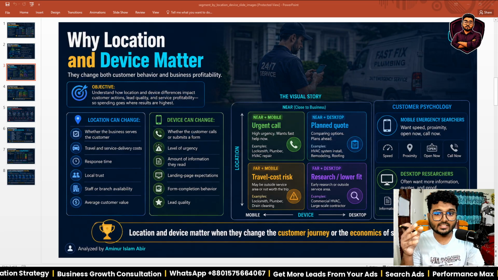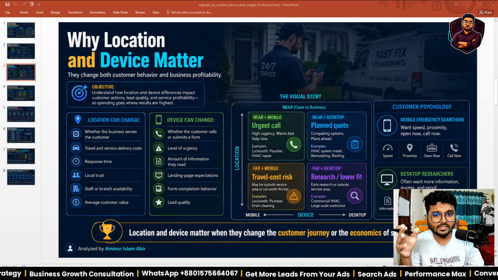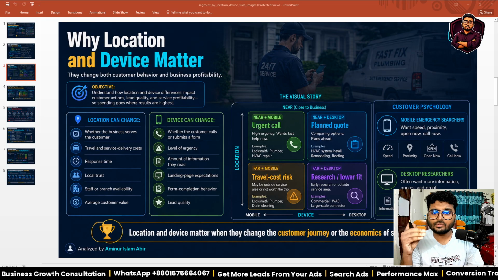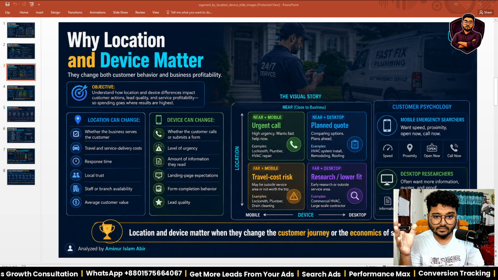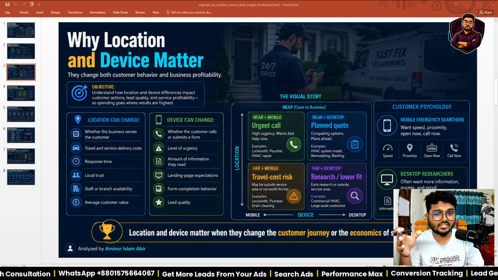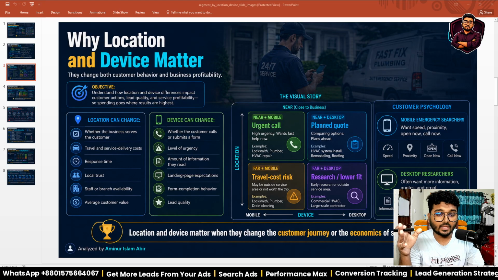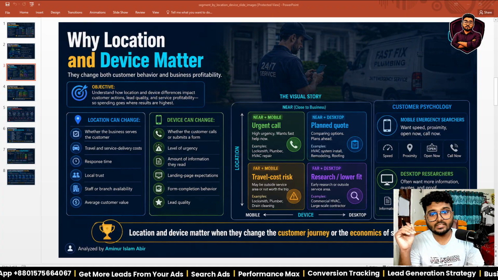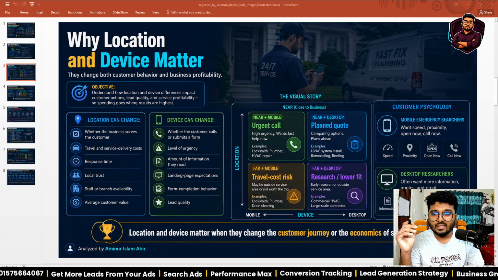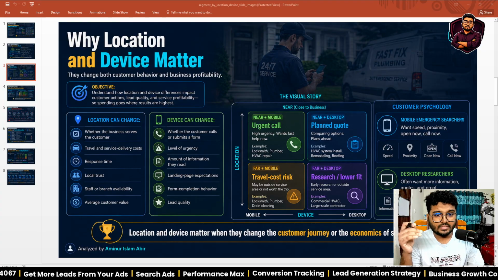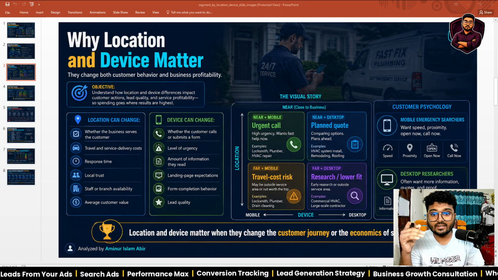Now consider a desktop user searching commercial HVAC maintenance contract. That person may need detailed service information, coverage area, case studies, company credentials, and a structured quotation form. This customer may require a very different experience. However, we should not assume that all mobile users are urgent or all desktop users are researchers. These are hypotheses.